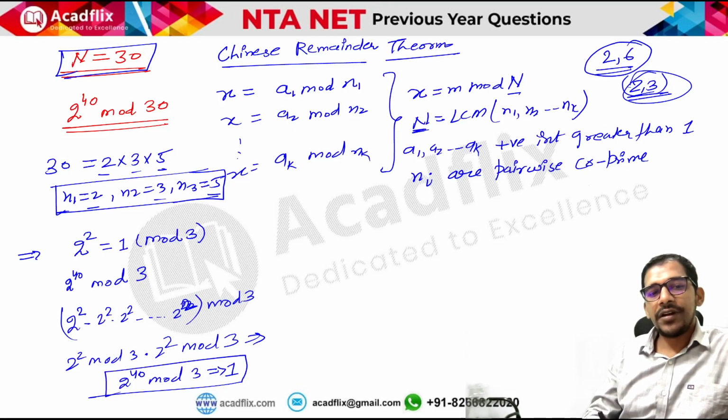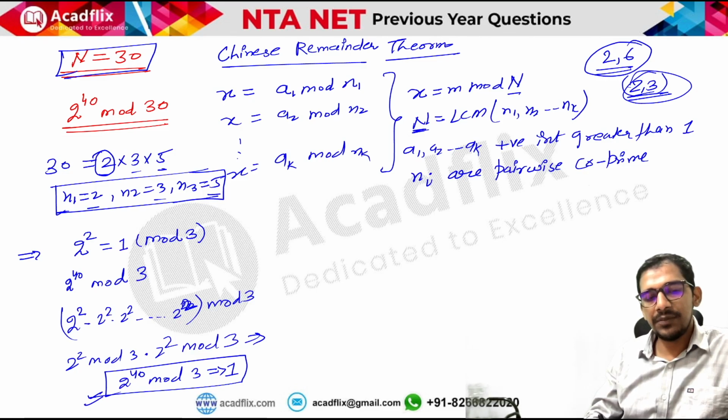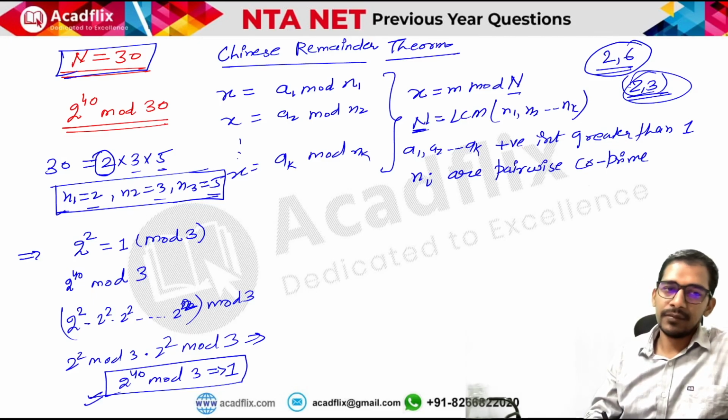And the same thing you can try with the number 2. So we have taken 3, and we have found out that 2 to the power 40 mod 3 is equal to 1. Then if you take 2, is 2 a prime number or not? Yes, 2 is a prime number.